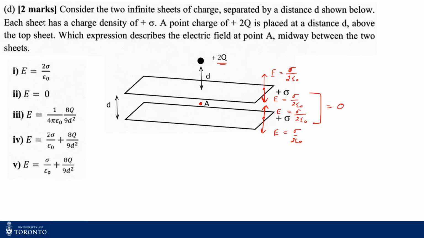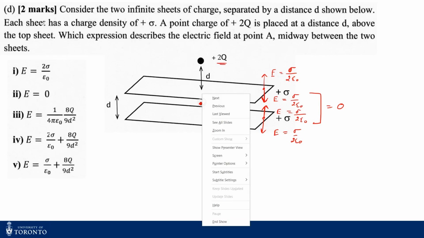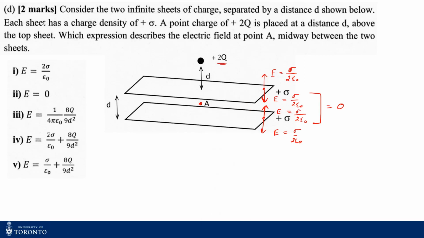Now, what's the distance between this charge and the center point A? Since the separation is d, point A is halfway, so it's d by 2 plus this distance d, right? So the separation is basically 3d by 2, right?